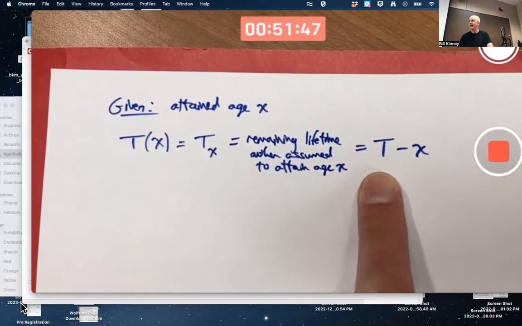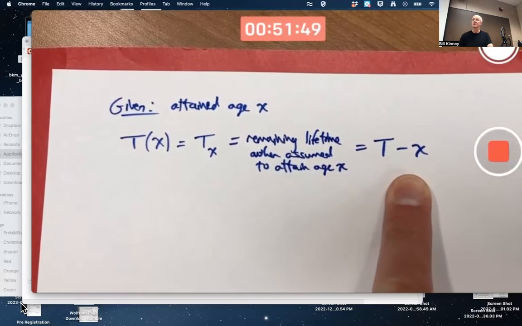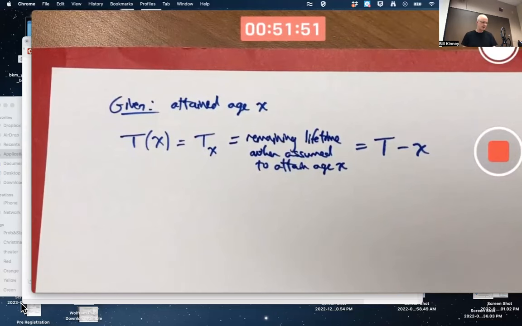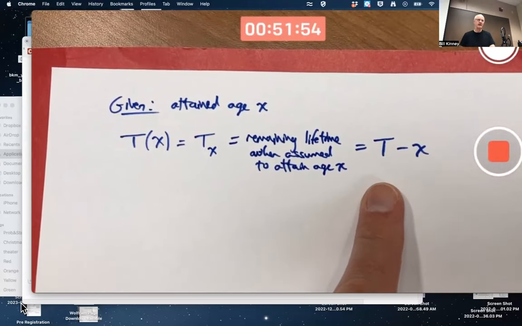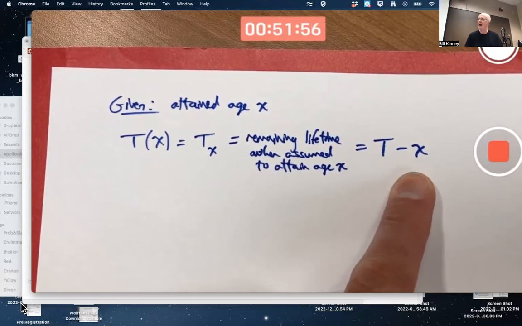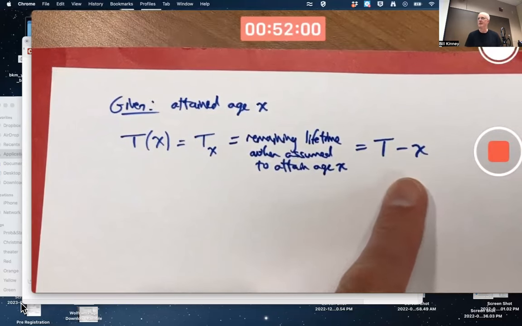Lifetime when they were a baby minus their assumed attained age. So if a person makes it to age 65, their remaining lifetime random variable is T minus 65. If the refrigerator makes it to age 15, this is T minus 15.